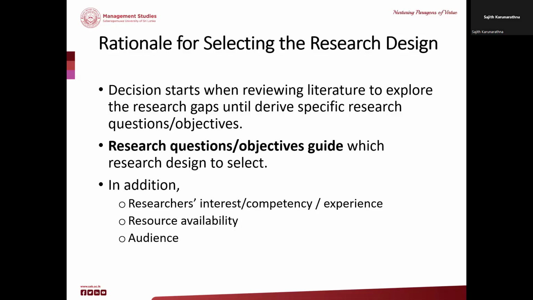Then your initial decision is to proceed with the quantitative design. Remember that, it can vary based on the second, third, and fourth stages of your research process. But the initial decision starts with reviewing the literature.